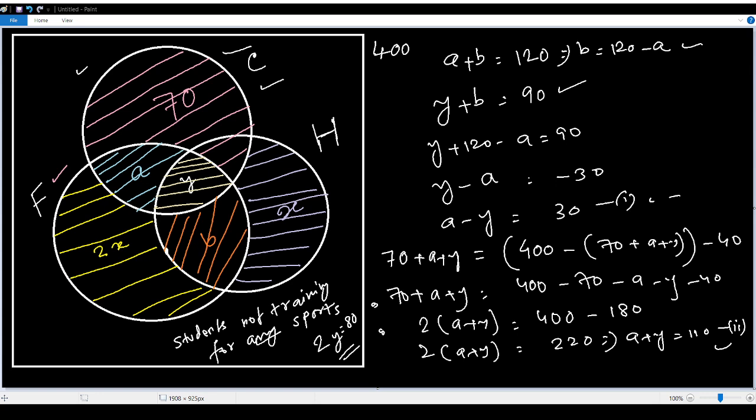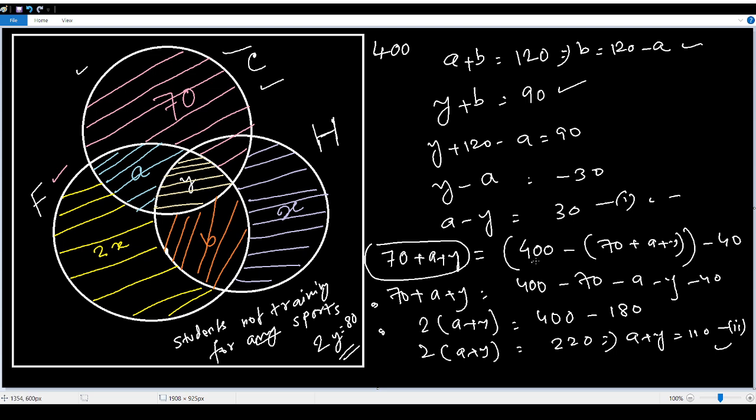From that equation, 70 plus a plus y equals 400 minus 70 minus a minus y. See, from the previous slide, this is the number of people who are playing cricket, right? That is 70 plus a plus y. That equals, it is given that the number of people who are playing cricket is 40 less than the number of people who are not playing cricket, right?